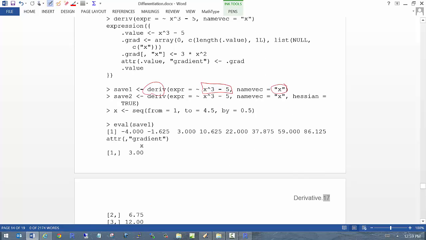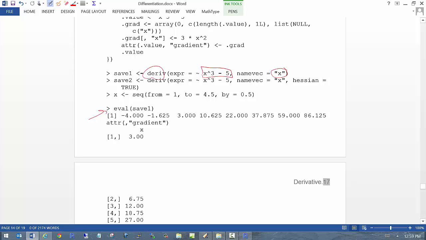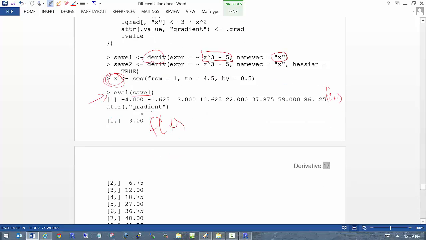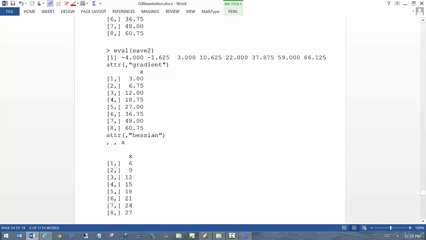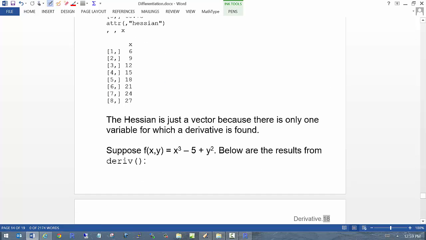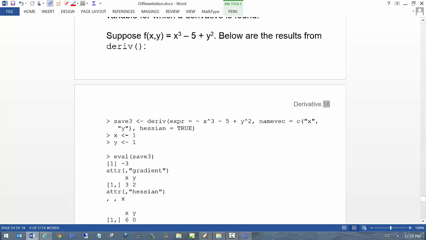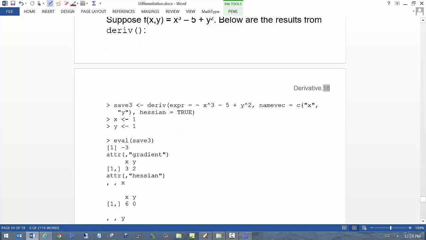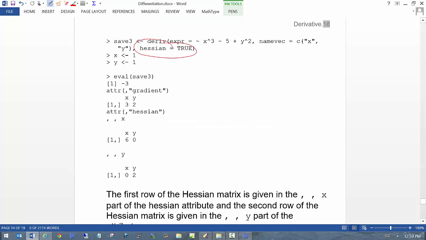What we end up getting, if I just look at eval save 1, notice how I've already set some particular values of x, we see the actual f of x, and then we see f dot of x as shown there. You do a similar thing with the Hessian matrix as well. I'll let you take a look at that on your own. Notice the particular argument there, Hessian equal TRUE.